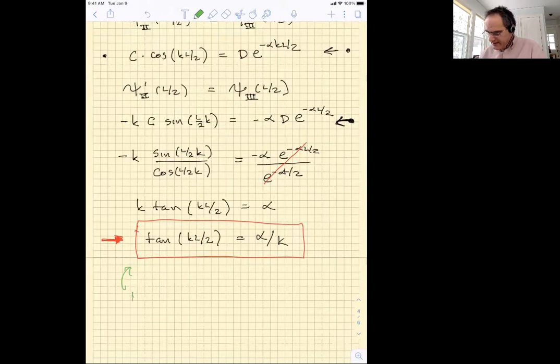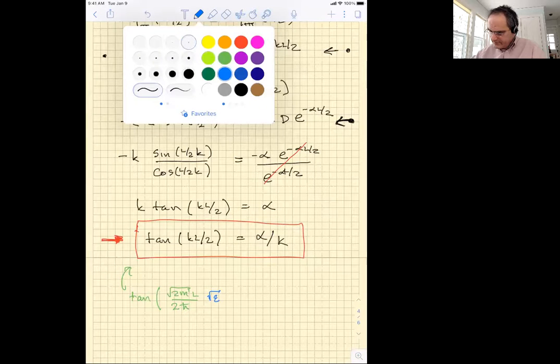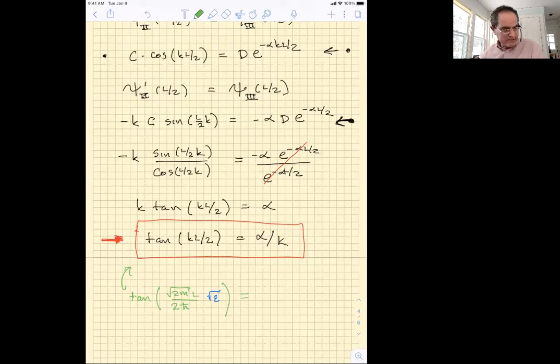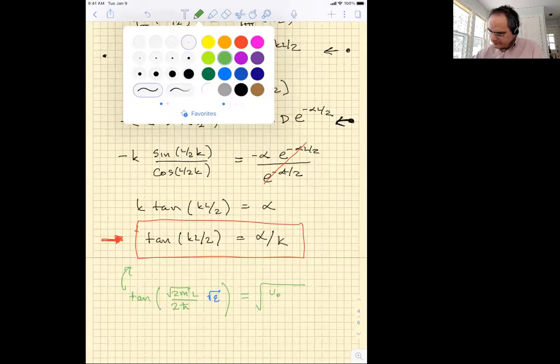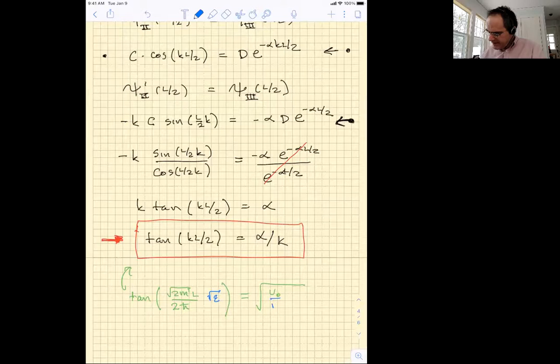In fact, if we want, we could rewrite this equation in a different form. We could write it as tangent of kL over 2, so that's square root of 2m times L over 2 h bar, all of that times square root of E. And that has to be equal to alpha over k, which evaluates to square root of U0 divided by E minus 1.